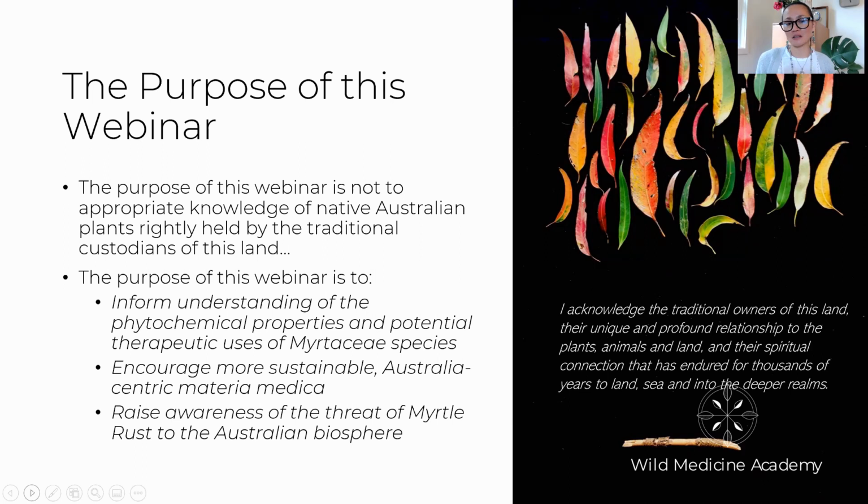So for instance, you will wonder, what does it mean to have 1,8-cineol in a volatile oil? Well, you'll learn after today just how many of the myrtle species do actually have this particular compound in their volatile oils and how that's translated into specific therapeutic actions and possible indications.